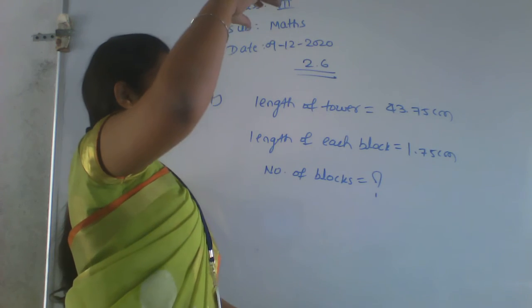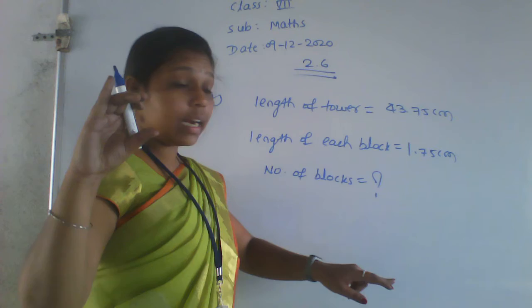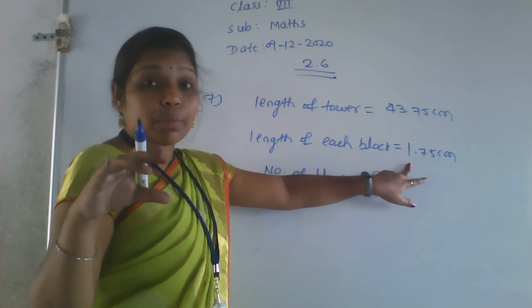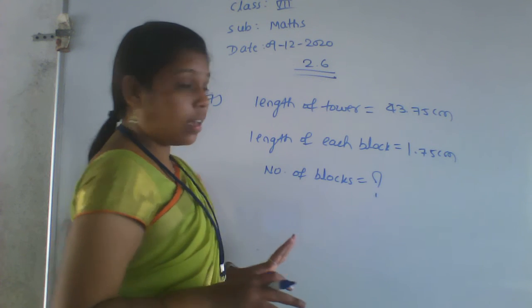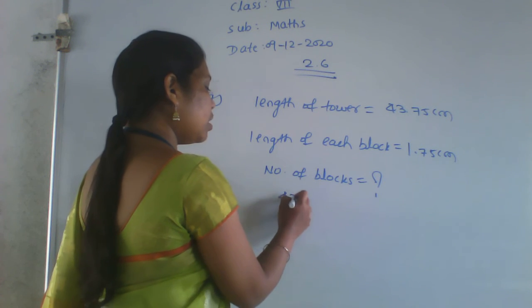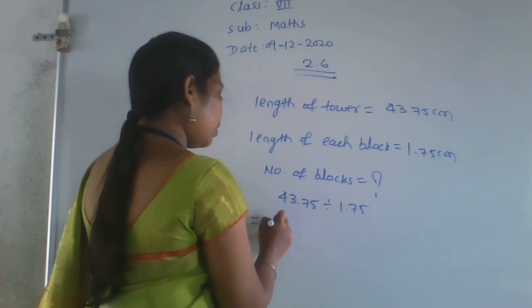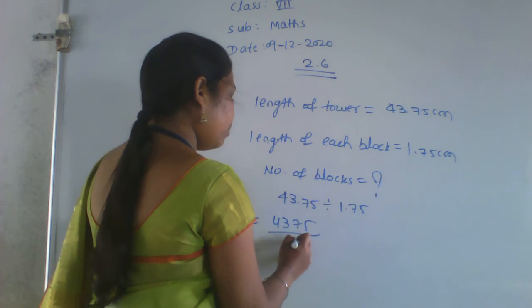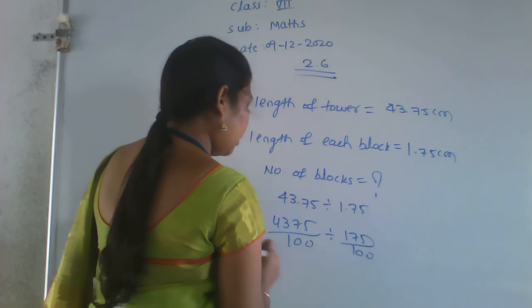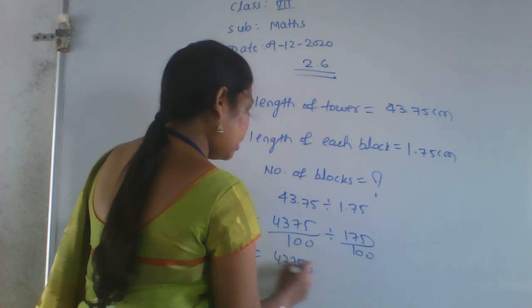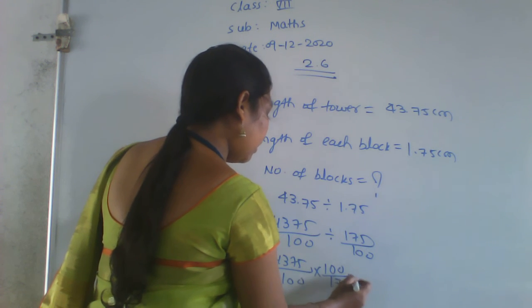The total length of the tower is 43.75 centimeter. One block length is 1.75 centimeter. Then how many blocks did they use? They are asking. For that you have to do the division. 43.75 divided by 1.75 is equal to 43.75 divided by 100, divided by 175 by 100. Here 4375 divided by 100 into 100 divided by 175.